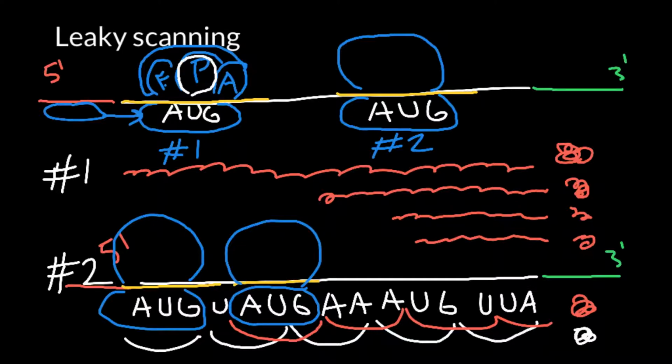So most of the protein diversity that can be produced by a single gene or messenger RNA, we would see described here as the first variant of Leaky scanning.